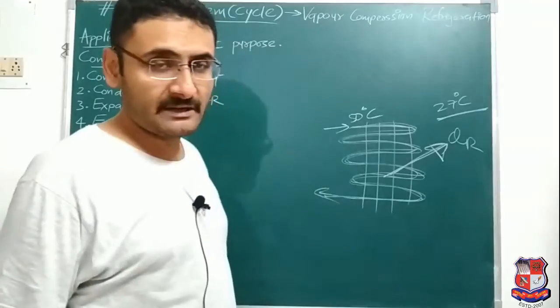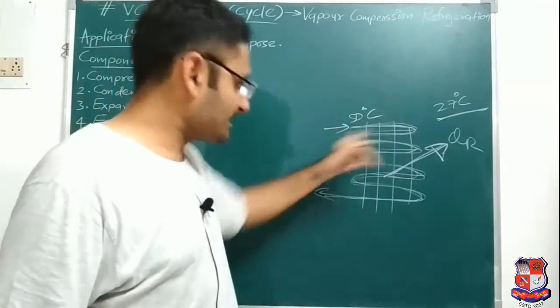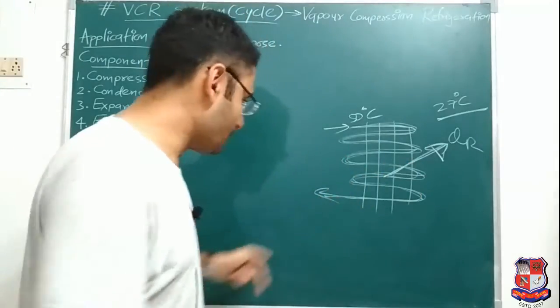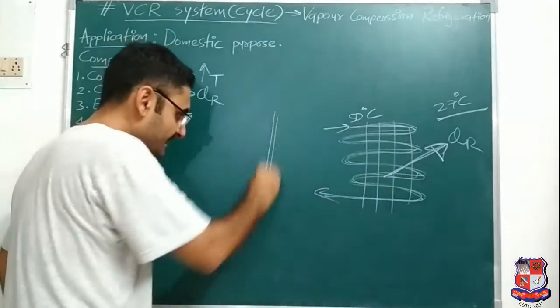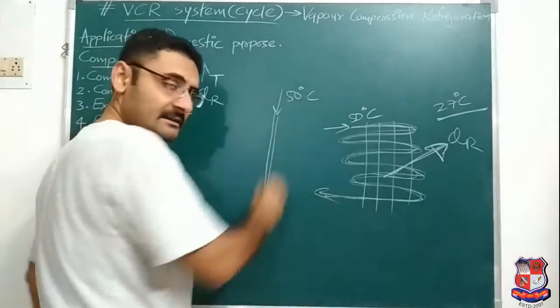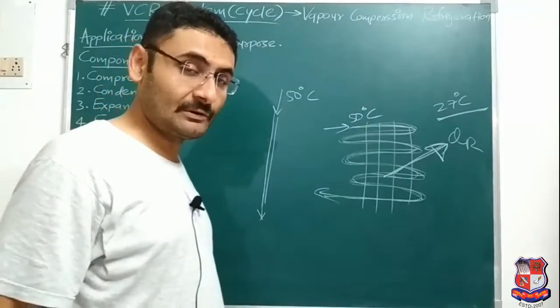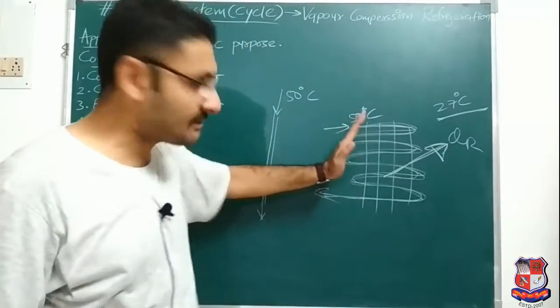Now another question may come: the condenser has this type of form. But suppose I take a condenser just like a straight pipe, with the inlet at 50 degrees centigrade. So what do you think over here? Will the temperature reduce? No, the temperature will not reduce compared to this.